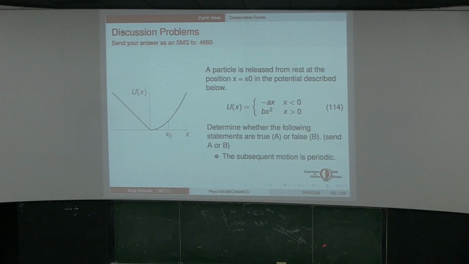But suppose you couldn't imagine that this potential energy corresponds to such a system, a spring and a constant force at the end of an incline. Just looking at this graph, can you say that the motion will be periodic? It's not periodic? Okay, so you think that it is not periodic.